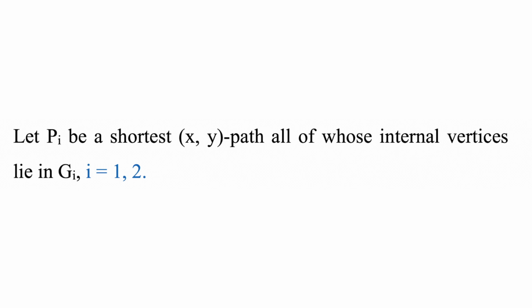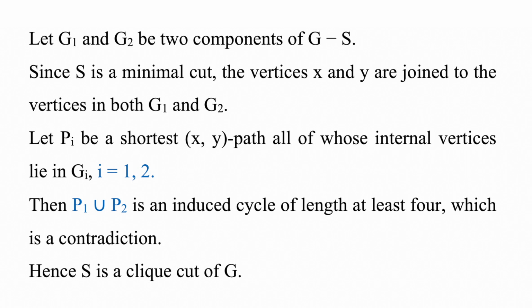Let Pi be a shortest XY path, all of whose internal vertices lie in Gi, where i ranges from 1, 2. Then P1 union P2 is an induced cycle of length at least 4, which is a contradiction. Hence, S is a clique cut of G.